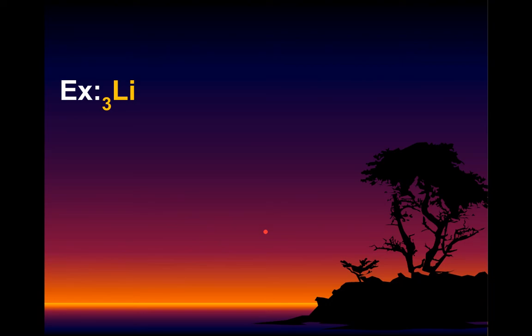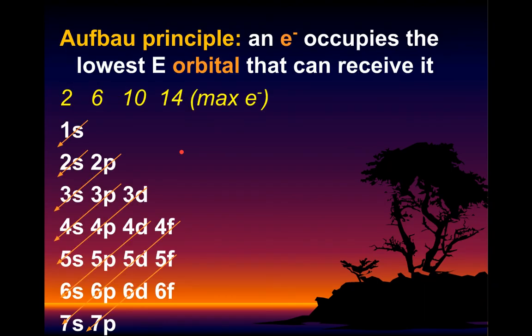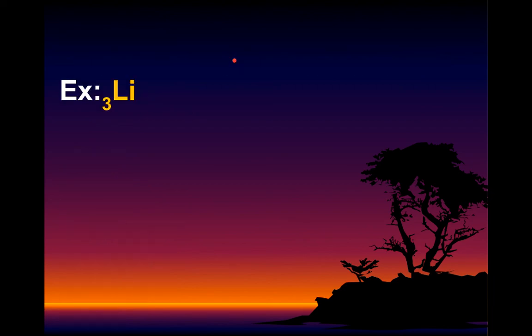Lithium. So lithium has 3 electrons here. You could figure that out from the periodic table. I just gave it to you here to make it easy. And so which orbital does it fill first? Well, the first one there, 1s. After you fill that 1s orbital, you can put 2 in there. Then that next electron has to go to the next orbital, 2s.